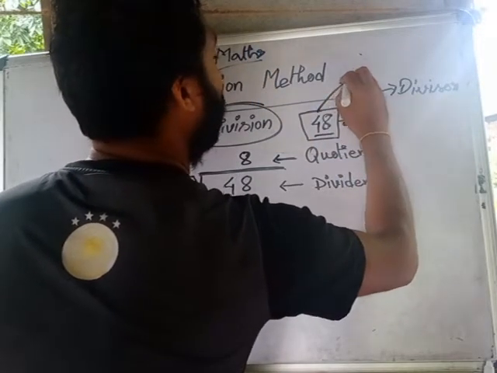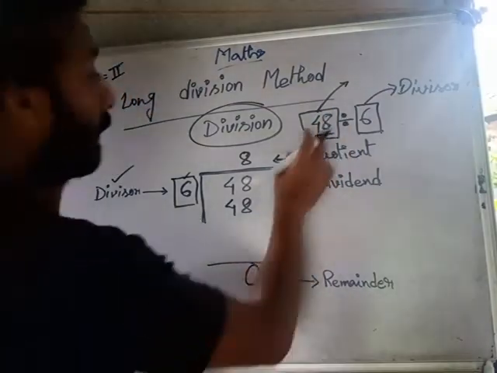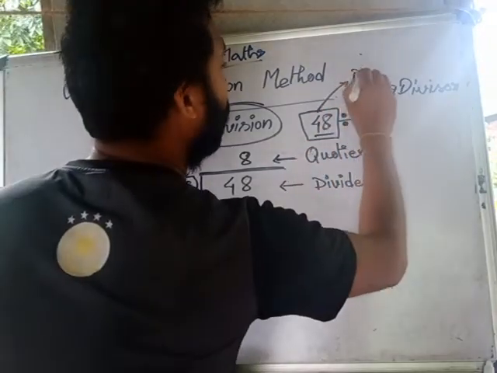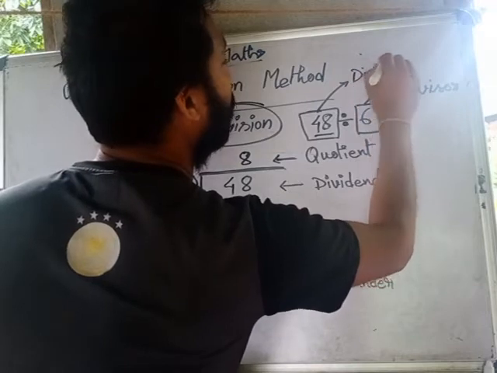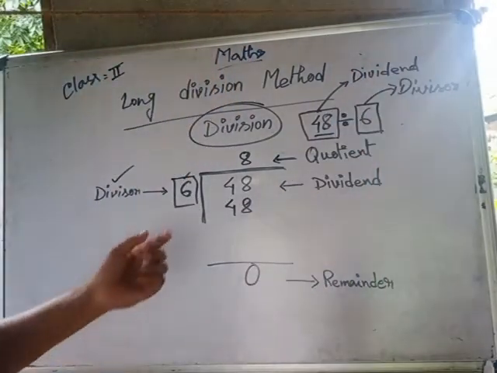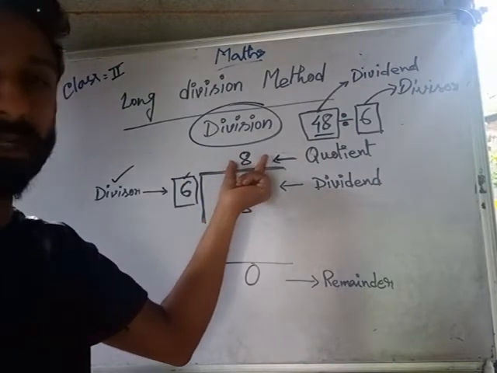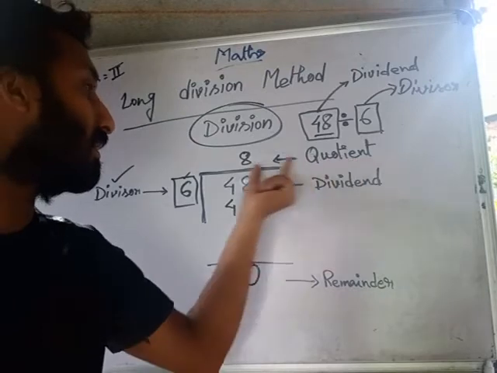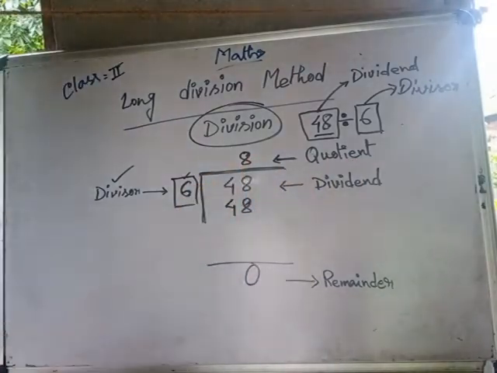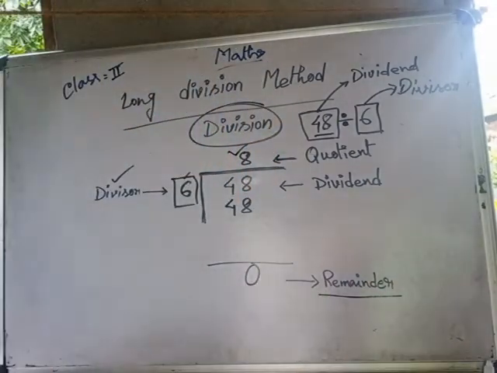The answer of the division is called the quotient. Right over here is 8, and 0 is left, that means 0 is the remainder.